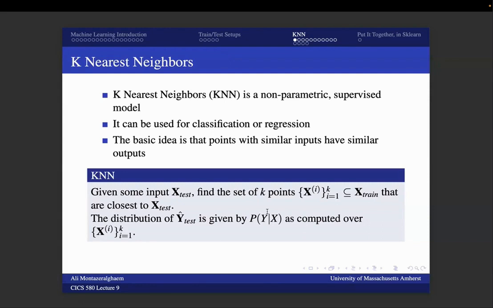We have just one constraint: these k points should be closest to the input x test.